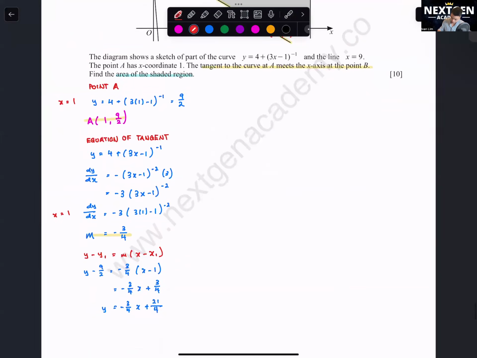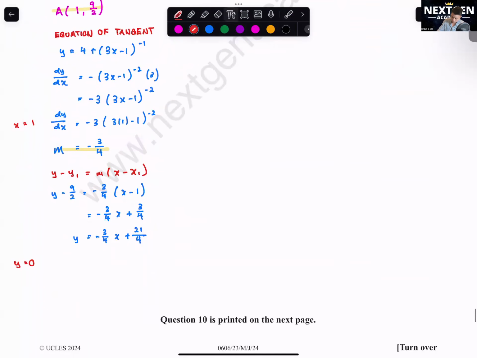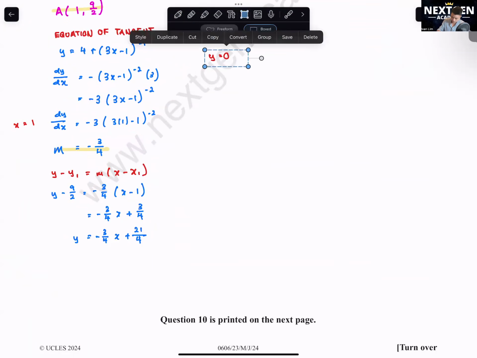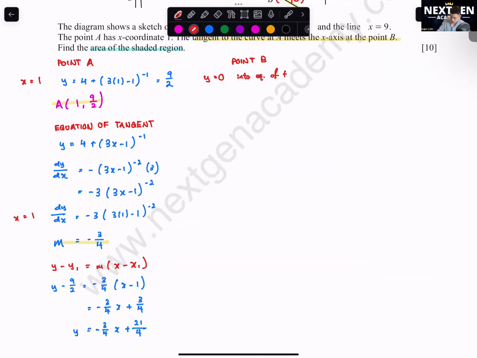Okay, so at y equals to 0, bring it up here. Now we find point B. Point B. y equals to 0 into equation of tangent.